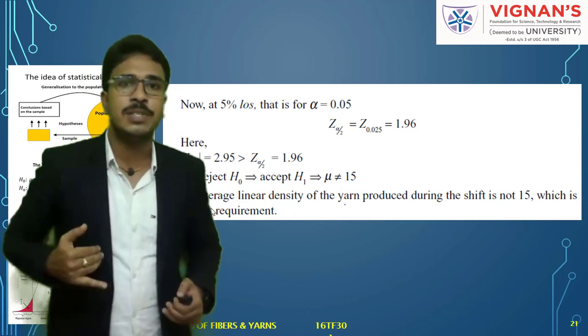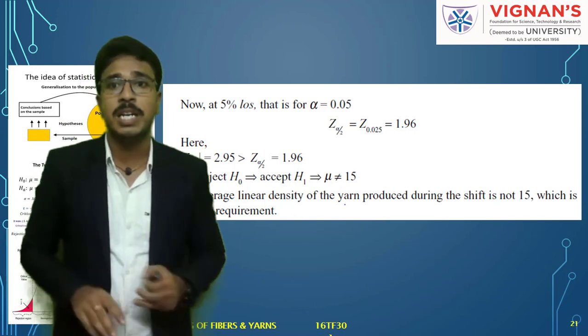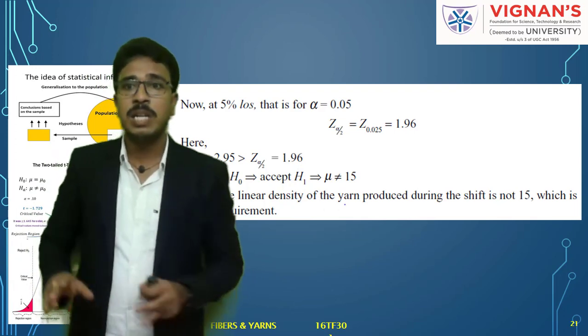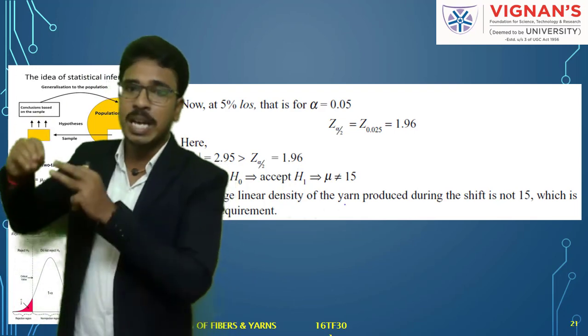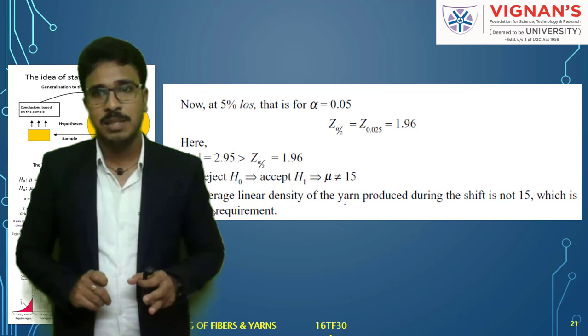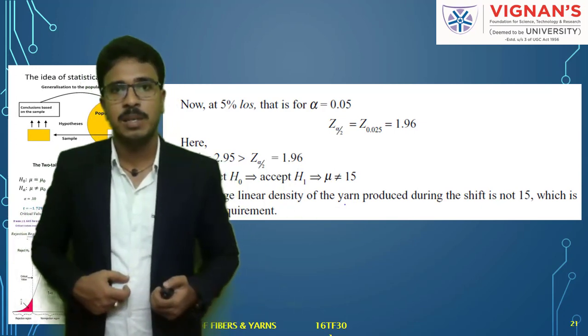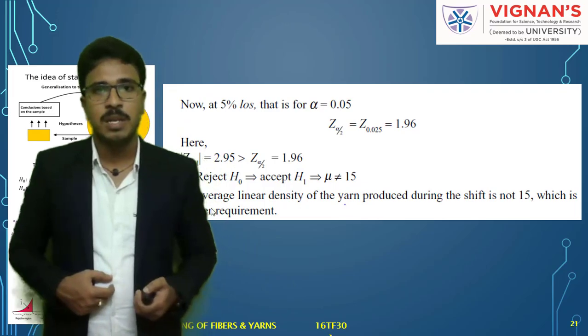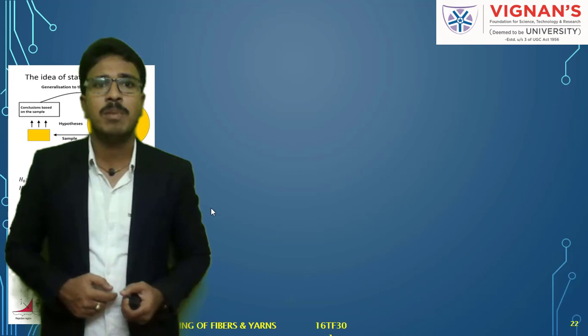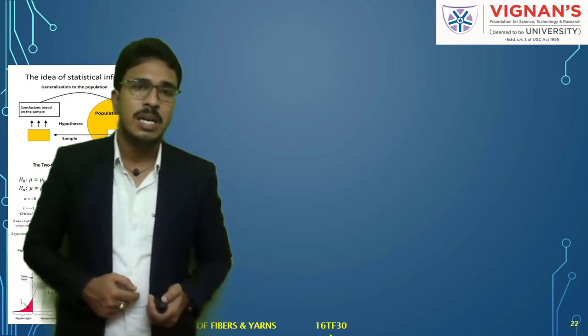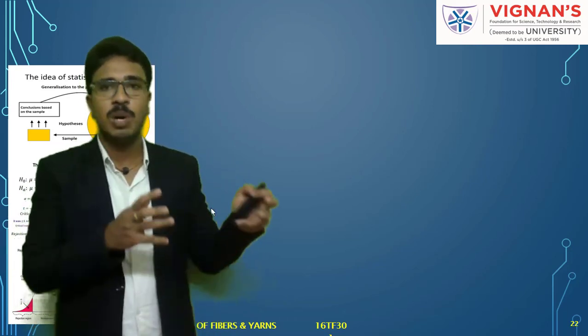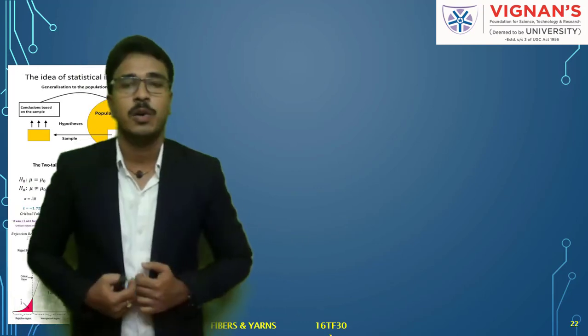But by doing this testing of hypothesis, we come to know that it is not 15. So that means this production is not as per our requirement. This is the practical inference we are drawing. Understand? Okay, so this is all about the Z test where one population is given.